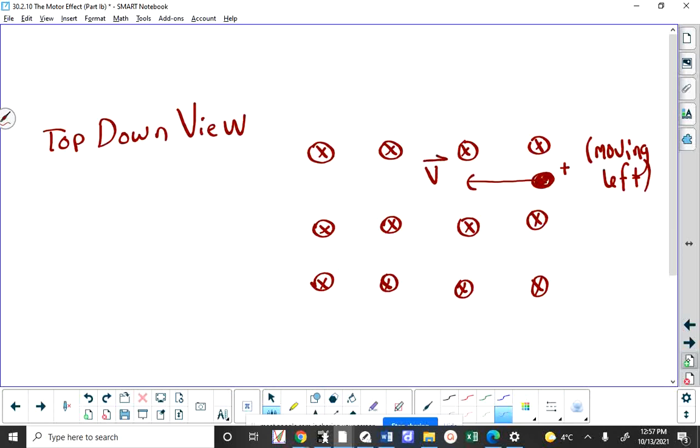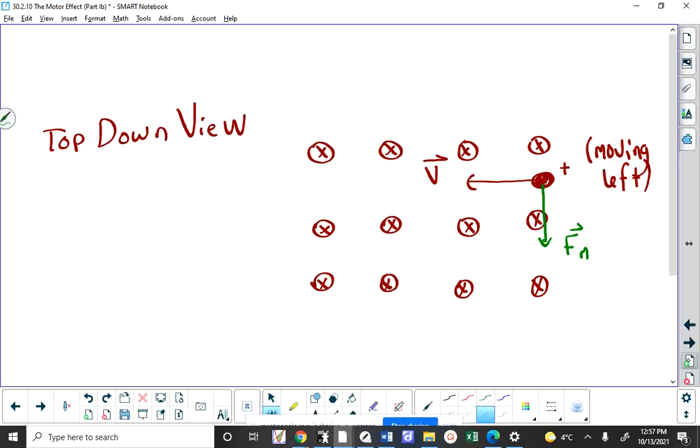This is the direction it's moving. As soon as it's in there, it's forced this way. Right? That's what we said. Are we okay with that? It's a right-hand rule situation that we're looking at in real life, and then I've put it on paper.